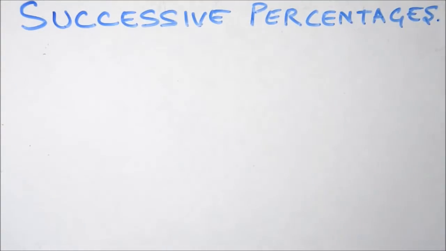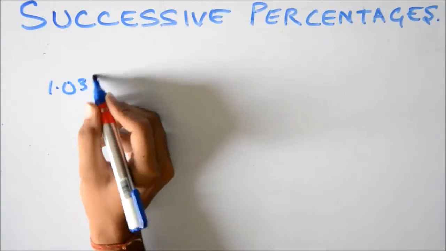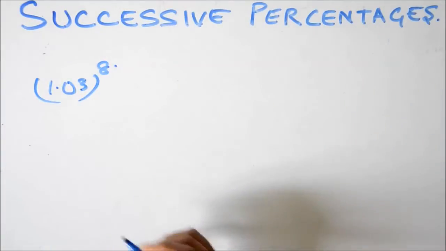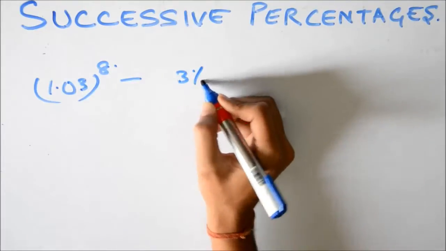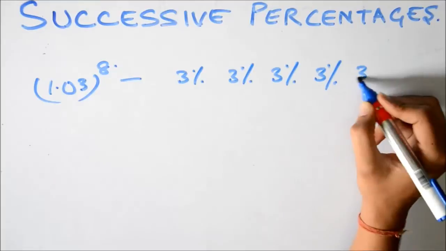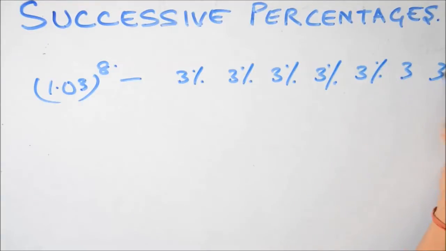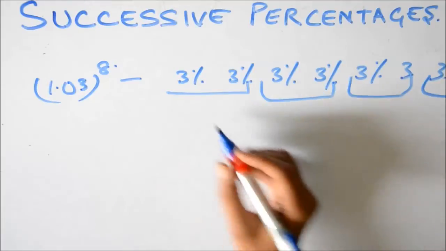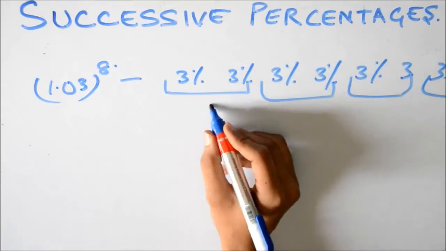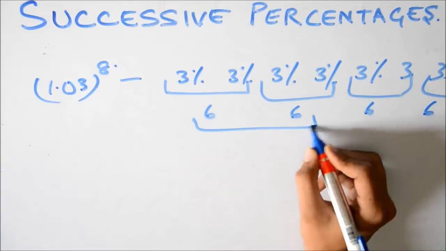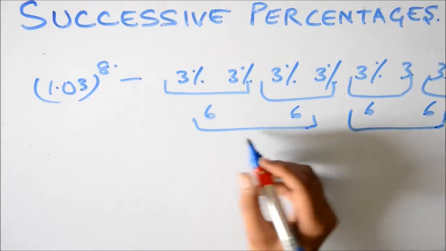Now suppose you have to calculate 1.03 to the power 8. Now it's very difficult to calculate it directly, right? But as a successive percentage, you can say 3% increment 8 times, right? Now you can approximate it to be, it's a 6.09, you can approximate it to be 6, okay? 6 and 6 is 12.36.